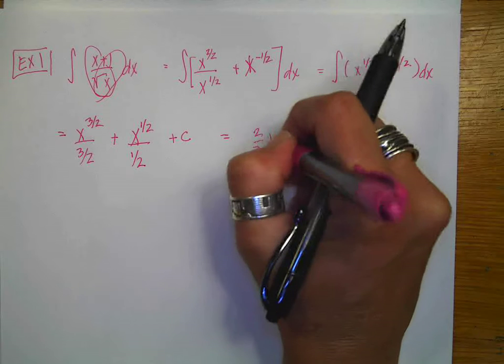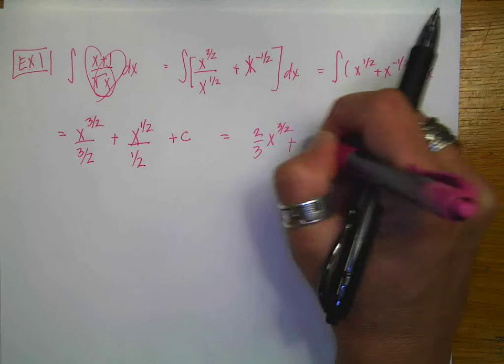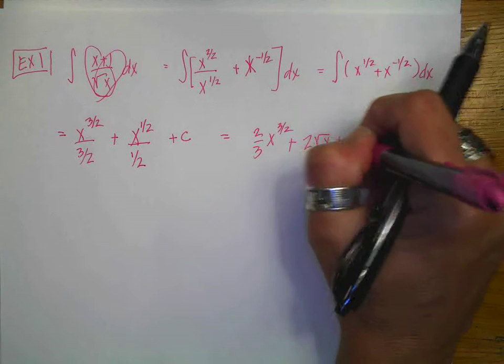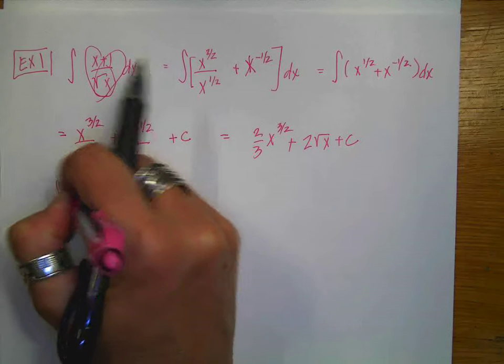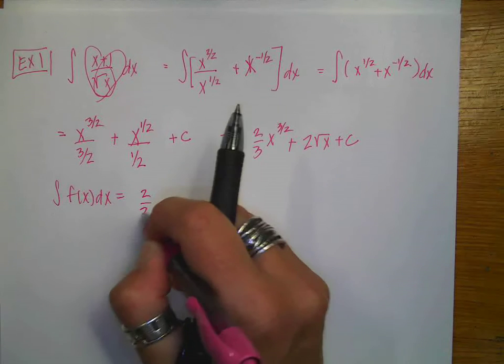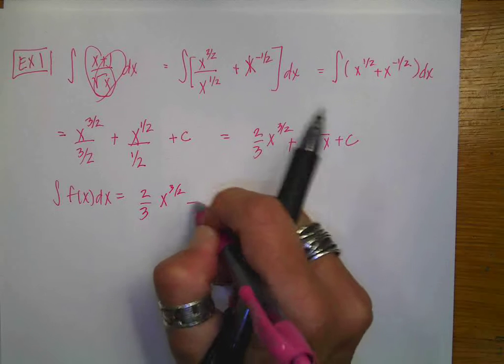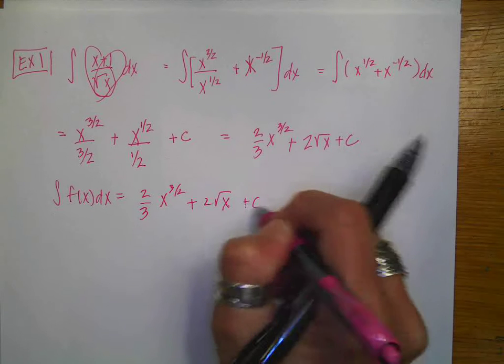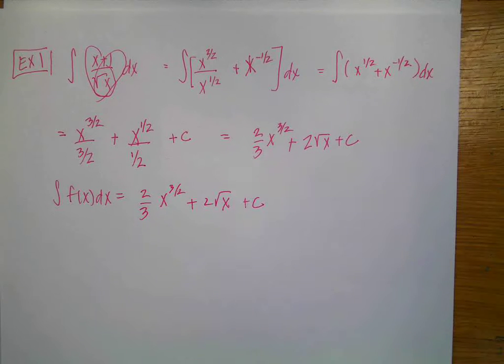I tend to clean this up, and I would do 2/3 x to the 3/2 plus 2 square root of x plus c, and I would say the integral of f of x dx is equal to 2/3 x to the 3/2 plus 2 square root of x plus c. Alrighty, remember that it's important to report all of your answers well.